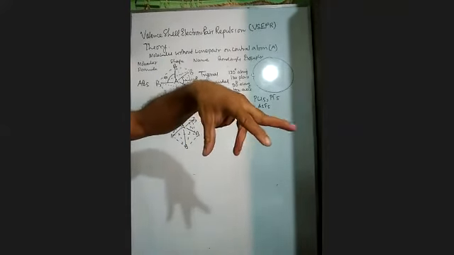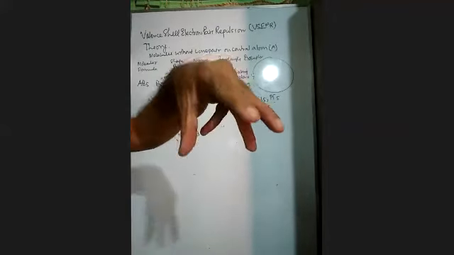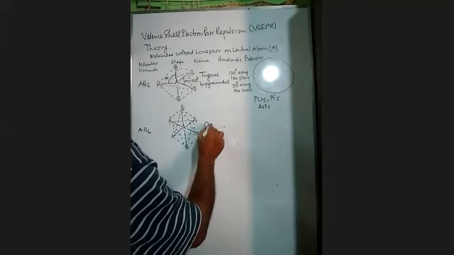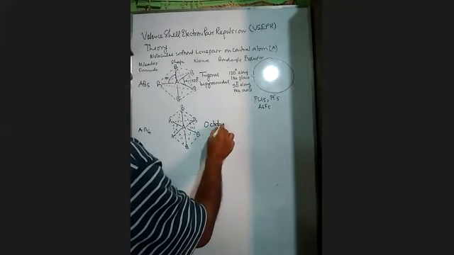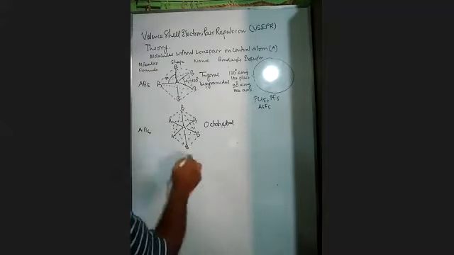See here. It is like square. Four of them are square. And from below also you have. So we should have called it square bipyramidal. But in geometry, for square bipyramidal, already one structure is known. It's called octahedral. It's called octahedral.